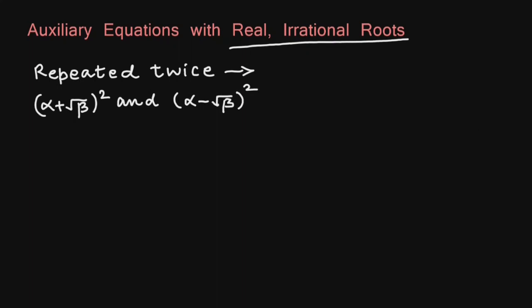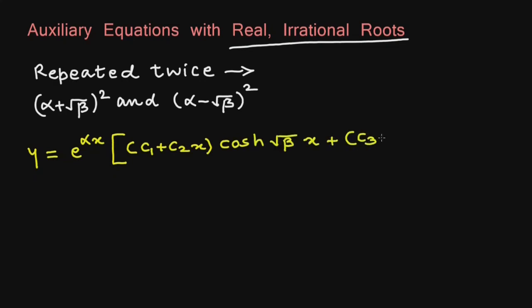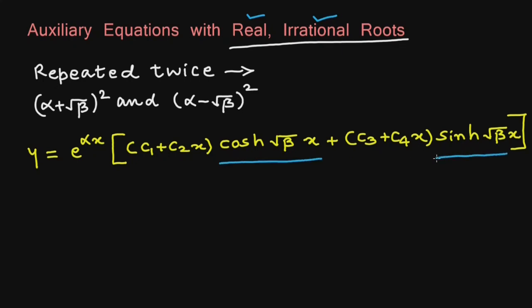In that case, the solution will be y equals e raised to alpha x into c1 plus c2x cos h root beta x plus c3 plus c4x sin h root beta x. So we note here that when the auxiliary equation has real irrational roots, the solution consists of hyperbolic functions cos h root beta x and sin h root beta x.